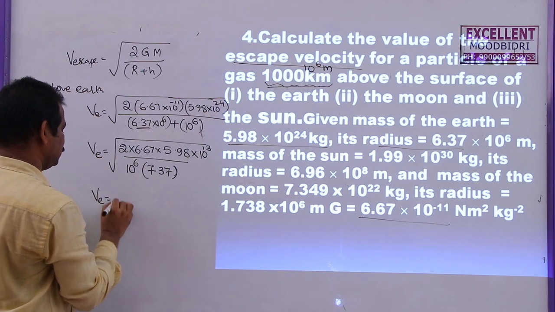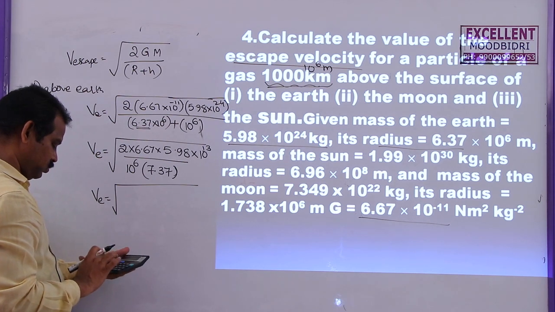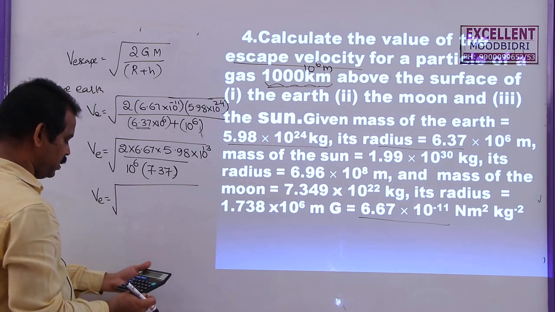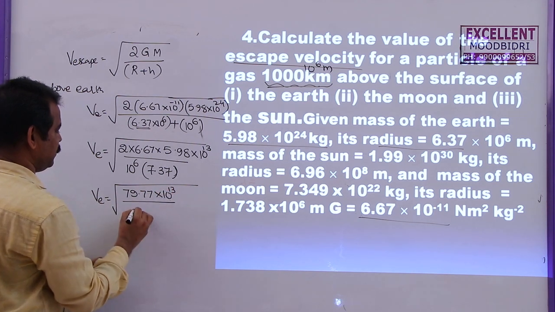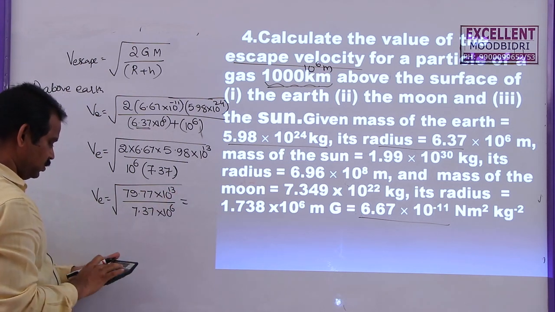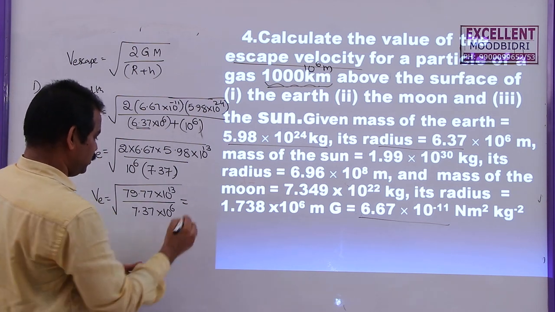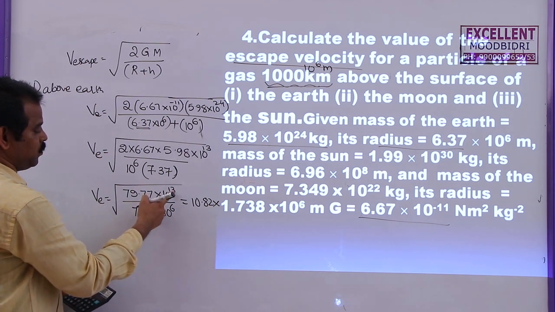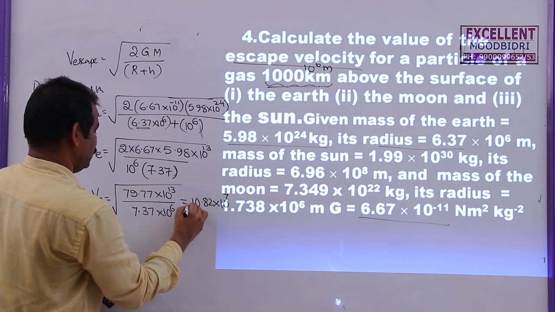So the escape velocity above the surface of earth is given by 2 into 6.67 into 5.98, which is 79.77 into 10 power 13 by 7.37 into 10 power 6. So this is divided by 7.37, which gives 10.82 into, when it goes up, 10 power 13 minus 6, 10 power 7 under root.